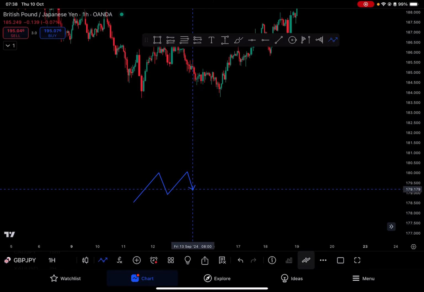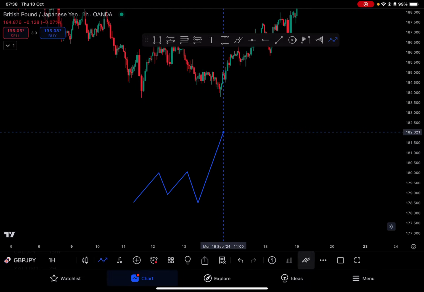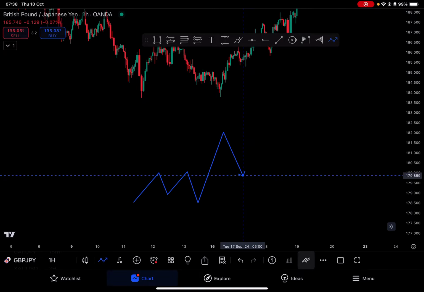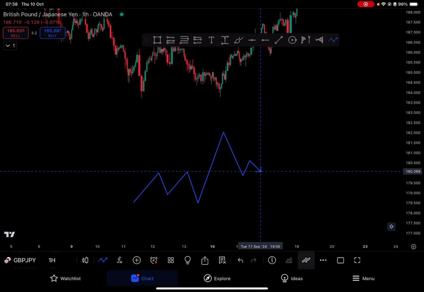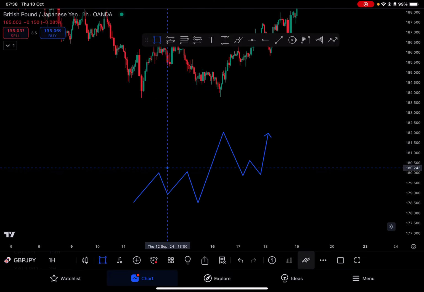At some point, price might decide to react in a certain way around a certain level. That reaction that occurs around that level is what you are paying attention to.